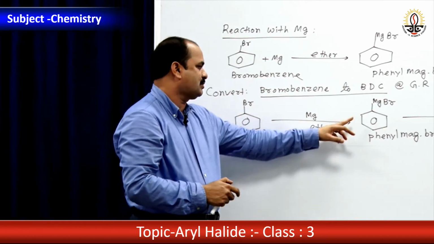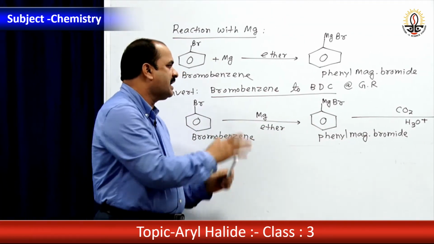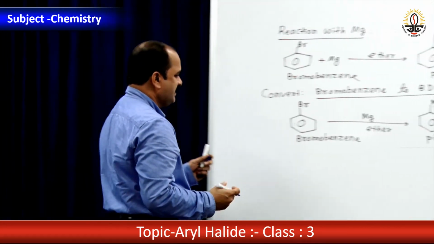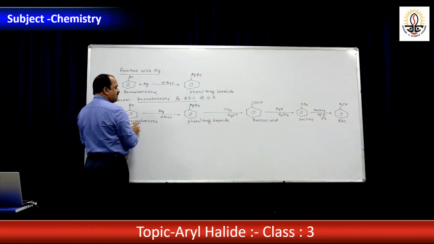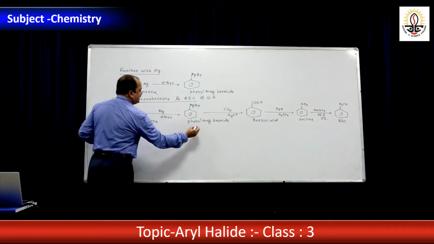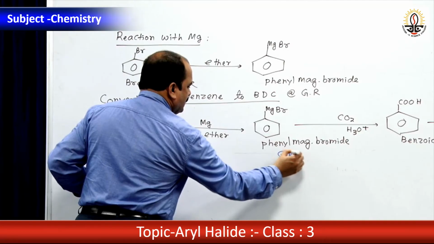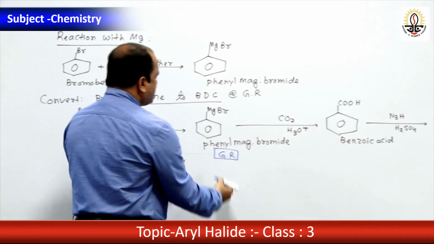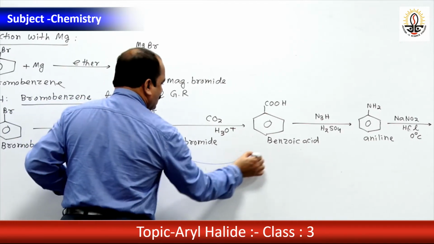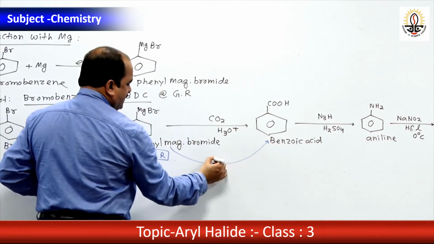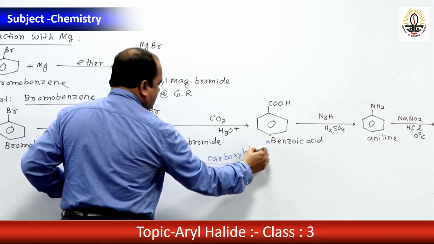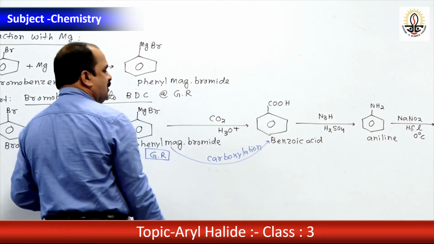But we have to look at which name reactions are involved in these conversions. Here bromobenzene is converted to phenyl magnesium bromide, a Grignard reagent. Conversion of phenyl magnesium bromide to benzoic acid is known as carboxylation of Grignard reagent.